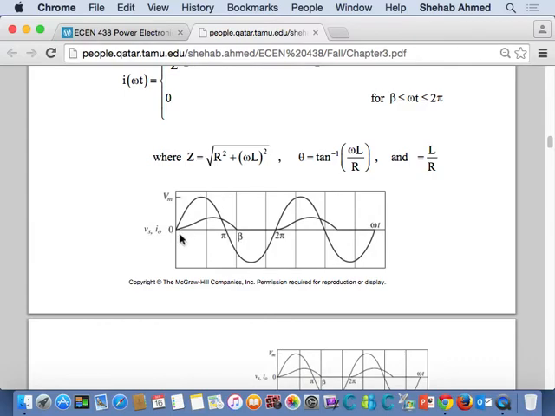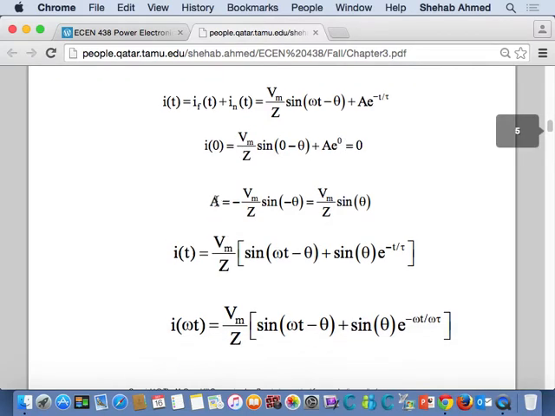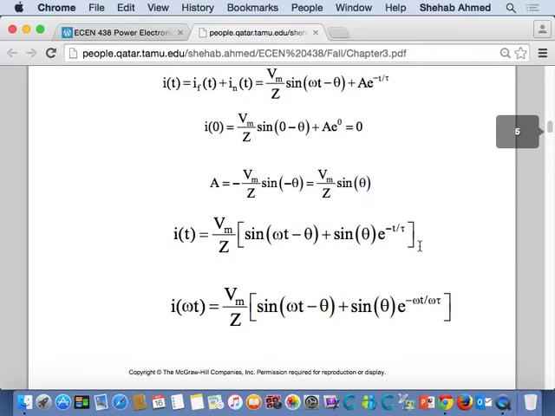It happens at 0. So now I wrote my equation for current, which is the forced response plus the natural response. It includes an A value. So for this A, I know that the initial value of current is 0. So I of 0 is equal to 0. I solve the equation for A, and then I take this value of A and plug it back into my time domain equation, right? So I of t is equal to this value, right?